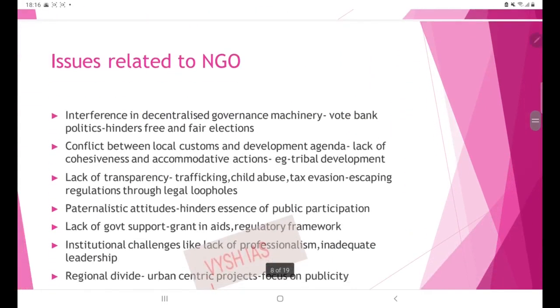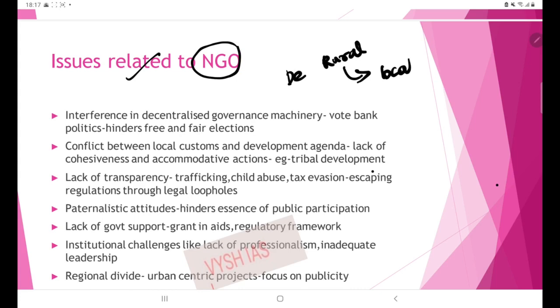Okay, then even though we are having many such benefits, there are some issues which are related to NGOs. There are some flaws with respect to NGOs. What are the flaws? So first is the interference in decentralized governance machinery. Since NGOs are working mainly in deprived areas like rural areas, there the role of local government goes in vain.